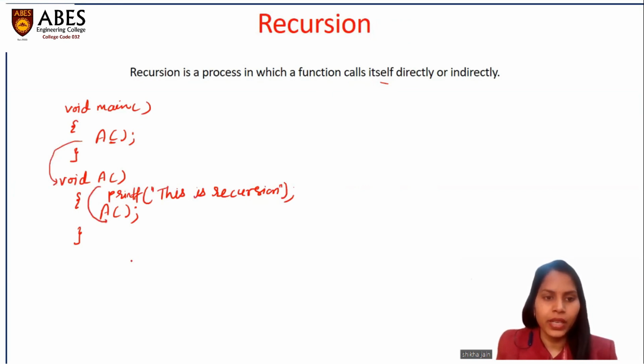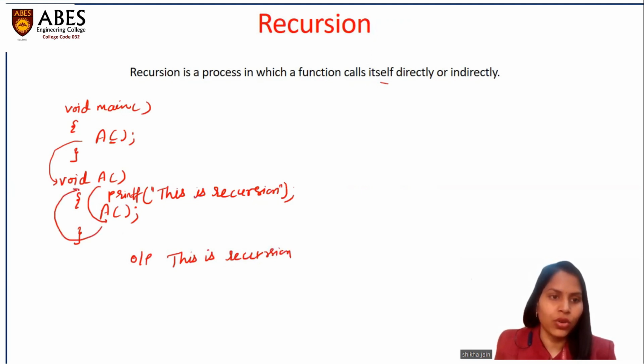First it will print "this is recursion". Now it is calling again a function named A. The control will go to the definition of A and again it will print "this is recursion". So the output of this code will be "this is recursion" many times.